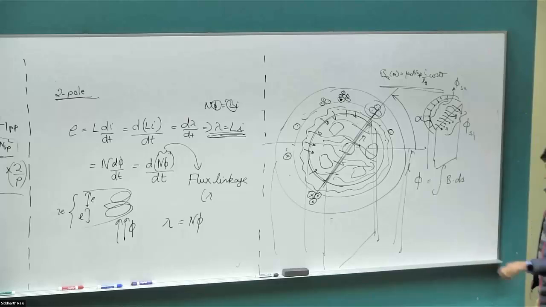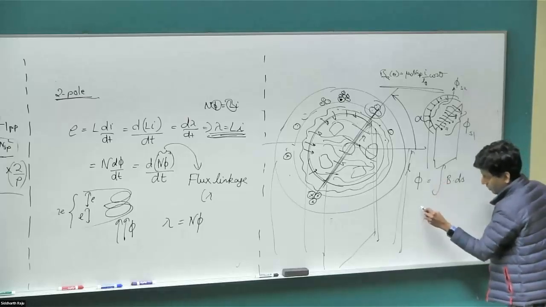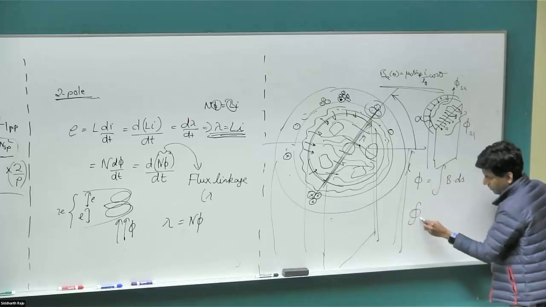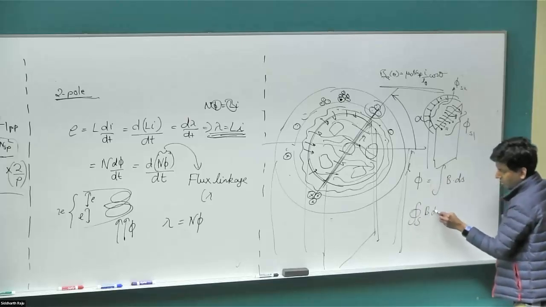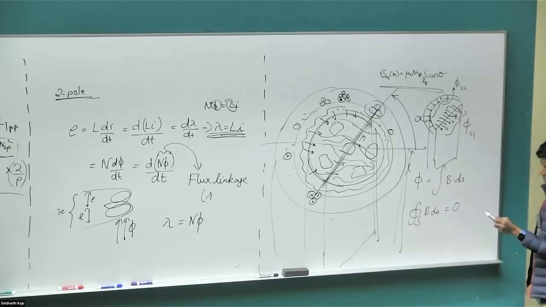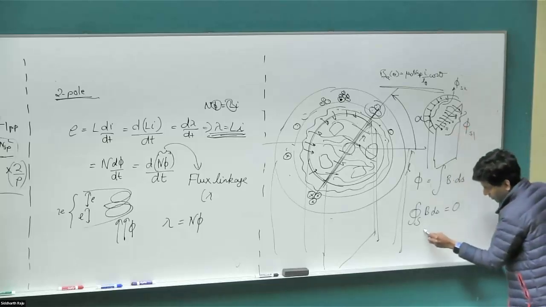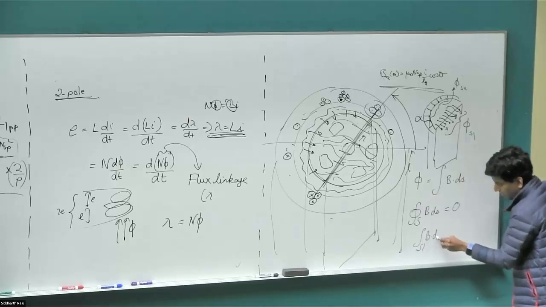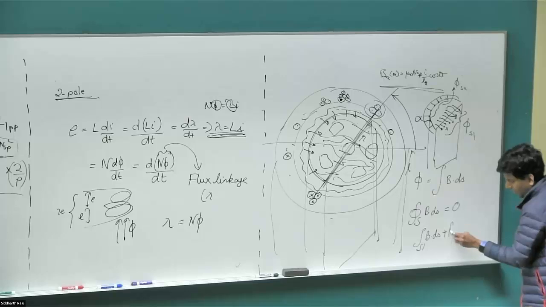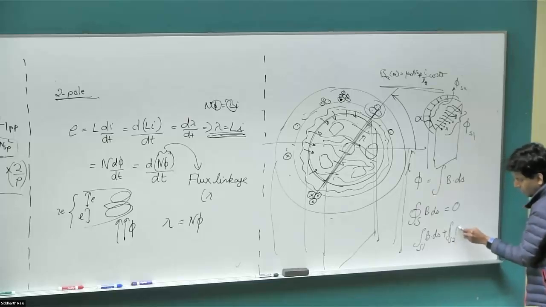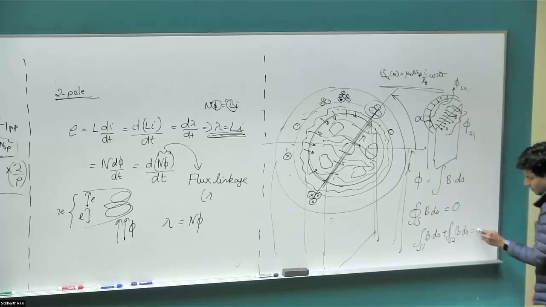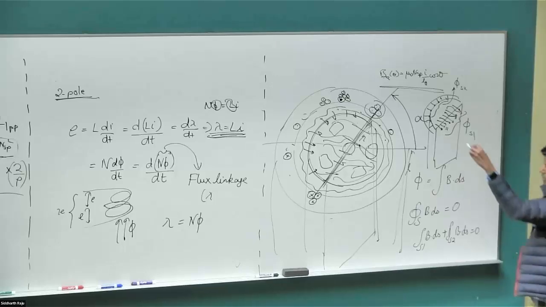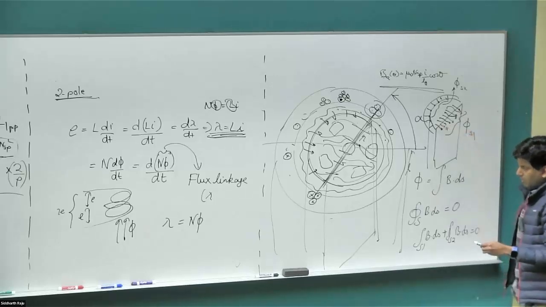So far, clear? So what I'm basically saying is if you go around a closed surface and integrate B dot ds, Gauss's theorem for magnetics, the surface integral must be equal to 0. So I can split it into two surfaces. For surface 1, I can do B dot ds, and then I can do the same integral for surface 2, B dot ds. That sum must be 0, because whatever came in must be the same as whatever leaves out.